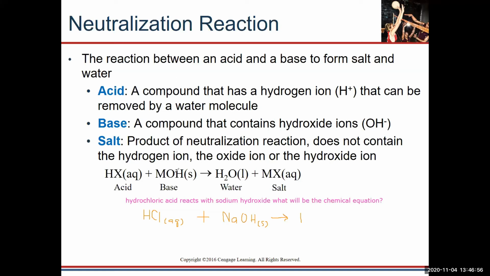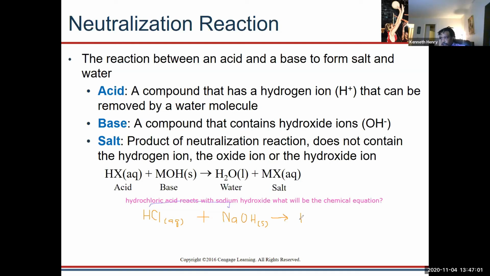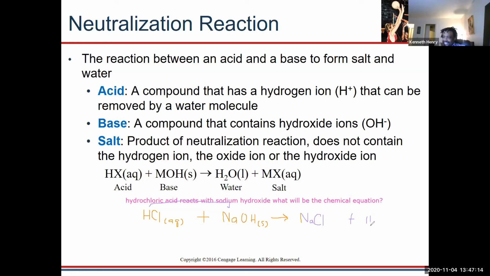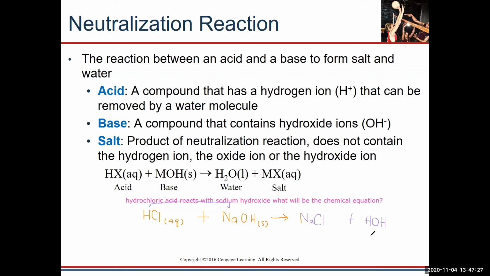Oh, so then it would be NaCl? That's right. So you're going to get NaCl. Wait, let me write this down before I forget. And then it would be HOH. What is HOH? Give me a second. Kind of shift it around. Look at that. H2O. It's H2O.